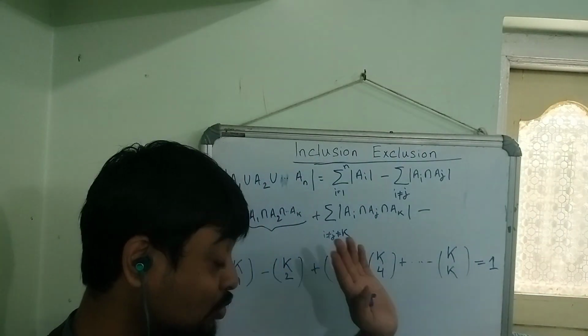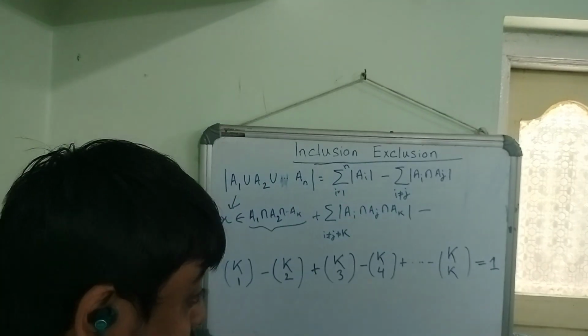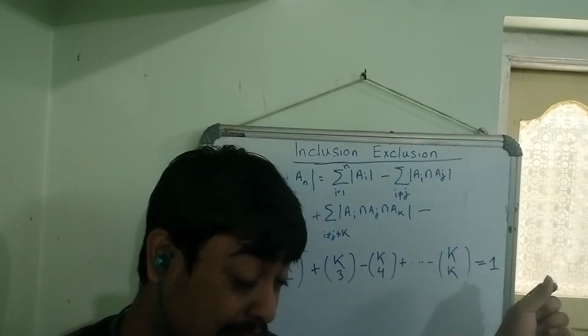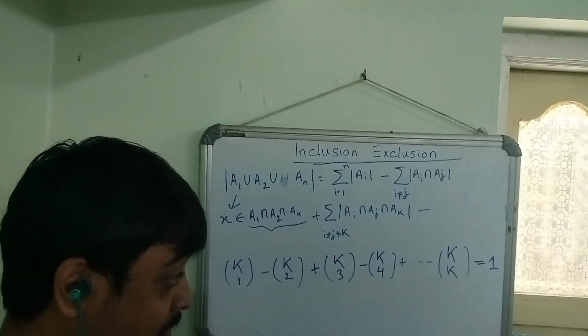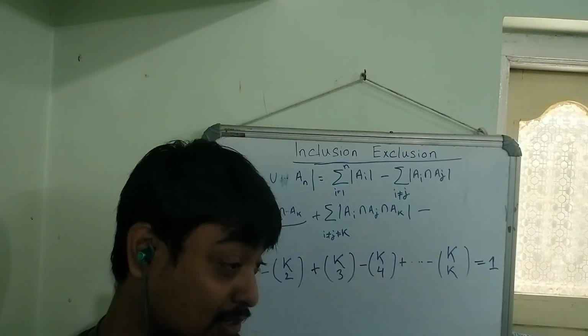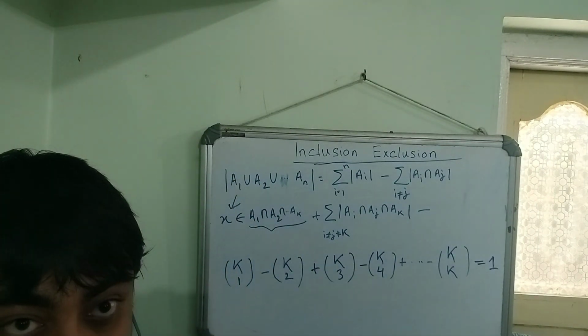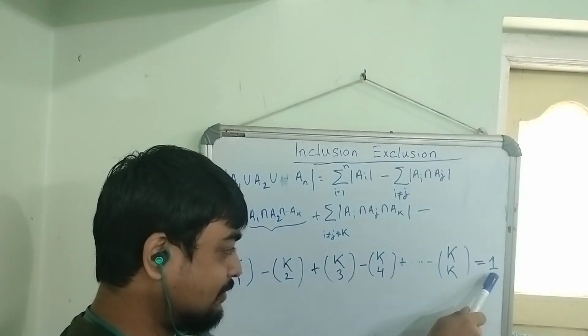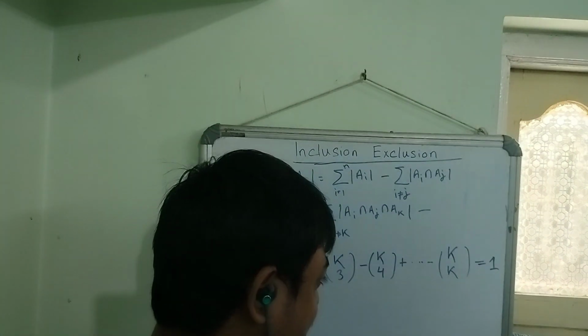If this is not 1, then I will just write a paper and tell the mathematical community the principle is wrong. But mathematicians are not dummies. They know this will be 1. So that's why this works.